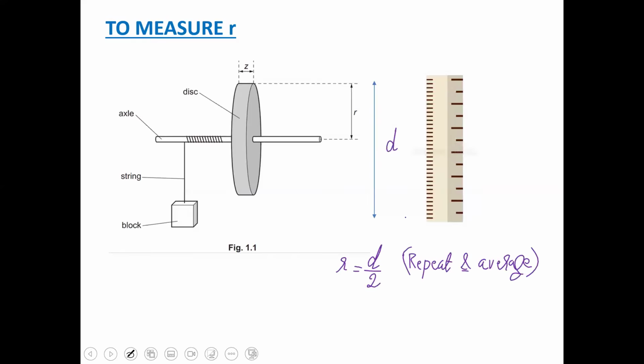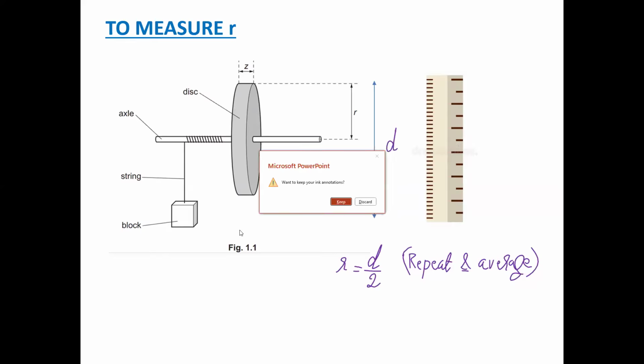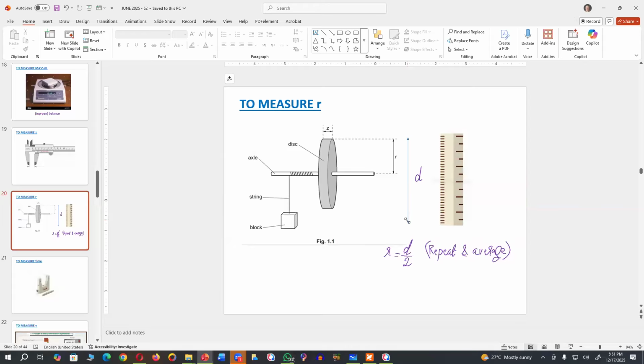Now look at this, how I'm going to measure the radius. I will find the total diameter and then I will use it. I will find the total diameter of the disk and then I'm going to use it to find the radius.